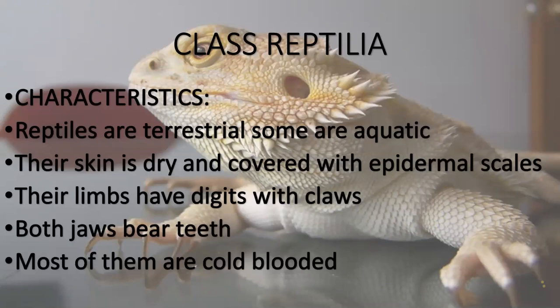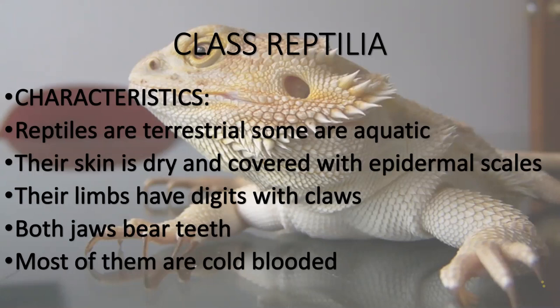Now the class Reptilia, and you can see on the screen the main characteristics of class Reptilia. The animals which belong to class Reptilia are called reptiles. Reptiles are terrestrial, some are aquatic. Just like amphibians, they live on land as well as in water.